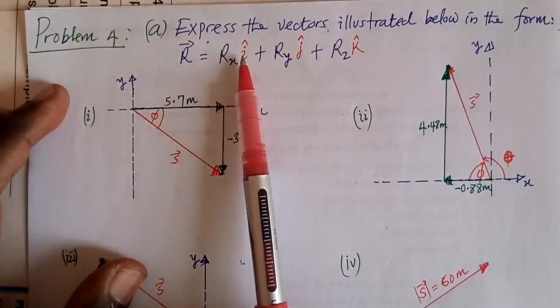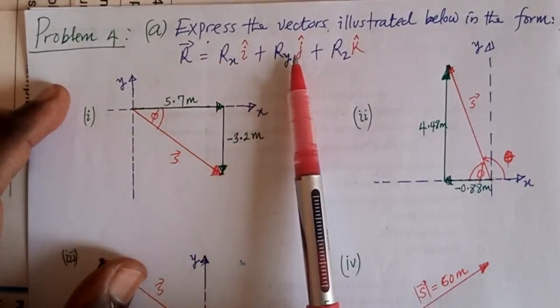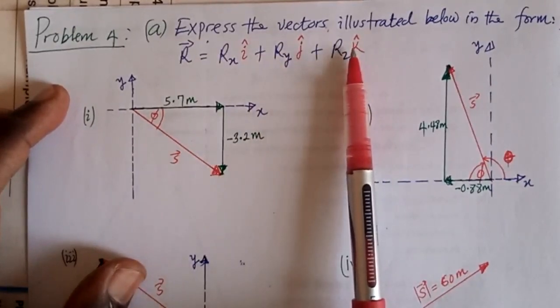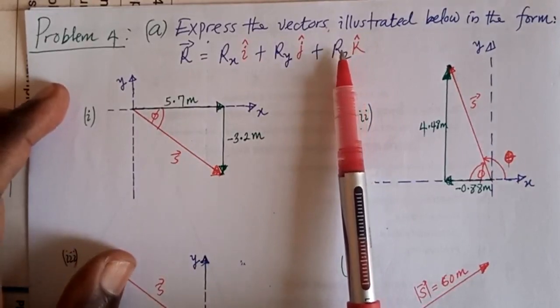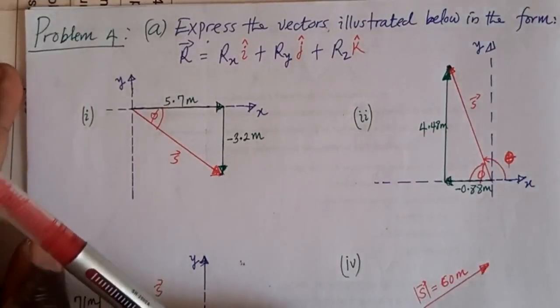The unit vector along the x-axis is i cap, the unit vector along the y-axis is j cap, and the unit vector along the z-axis is k cap. Here all the vectors given are displacement vectors.